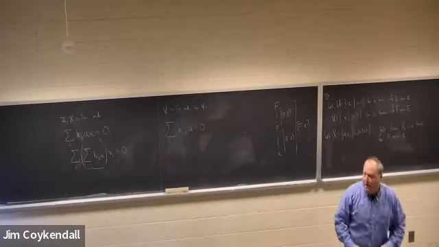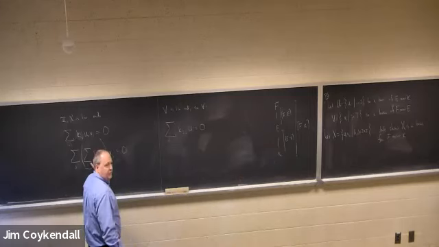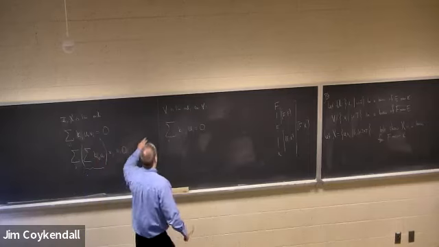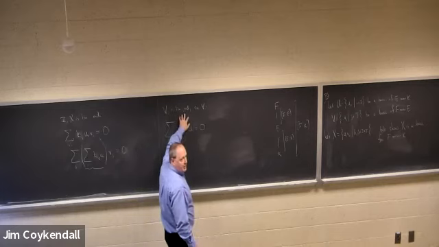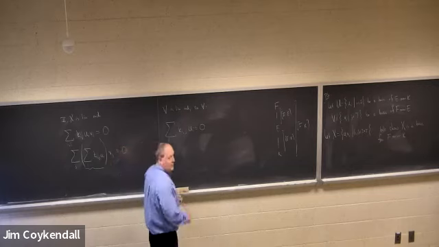Right? Because every one of these pieces right here is in E. So this is a linear combination of VJs over E. And we know that this is a linearly independent set. So that means that each of these coefficients must be 0.